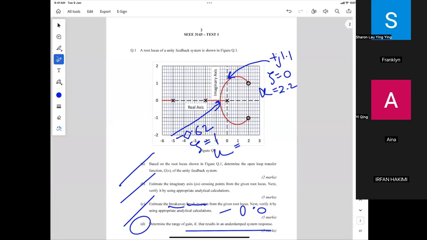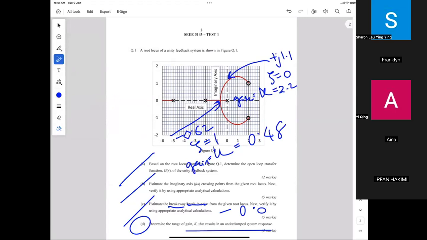At the point minus 0.62, the zeta value is 1. And what is the gain value? 0.48. Okay, 0.48.